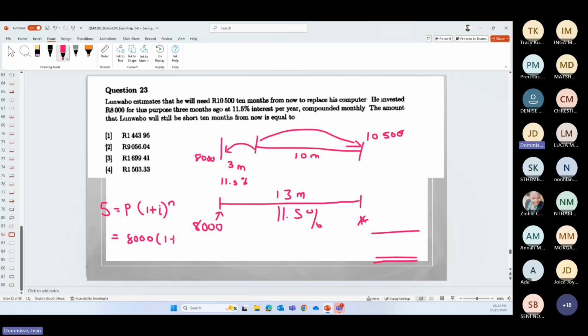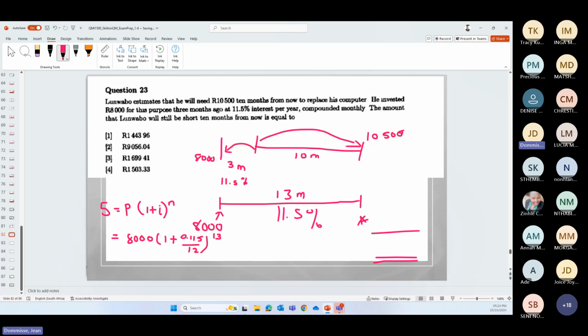Okay, so let's check this one. It was 11.5% monthly, and that is then to the power of 13 because of the 13 periods.